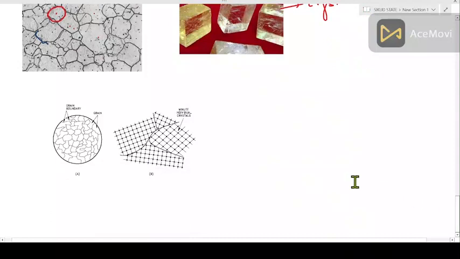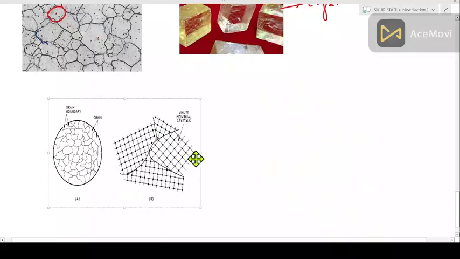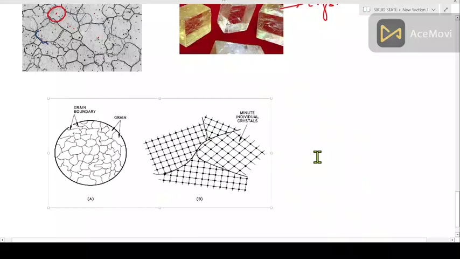This can be further studied from this diagram, where you can see the grain boundaries and the grains. These structures are the grains, and the separation, these lines, are the grain boundaries.